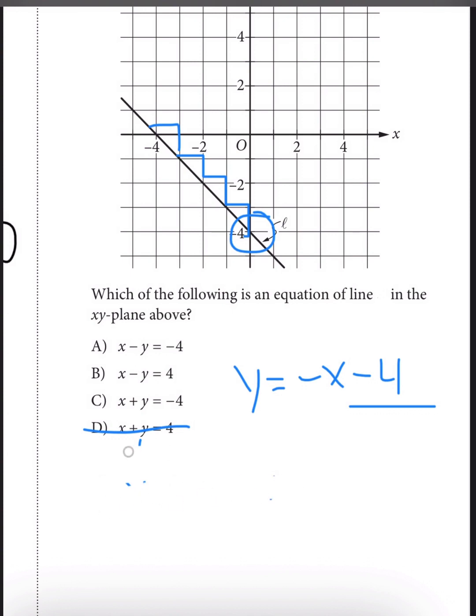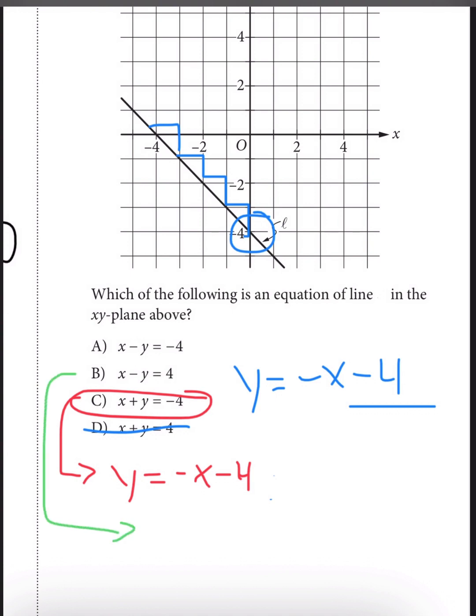Let me erase that for space. Now let's look at C. Y equals negative x minus 4. Well, that is the answer. So this is the answer, but let's take a quick look at all the other choices. Let's look at B now. Negative y equals minus x plus 4.